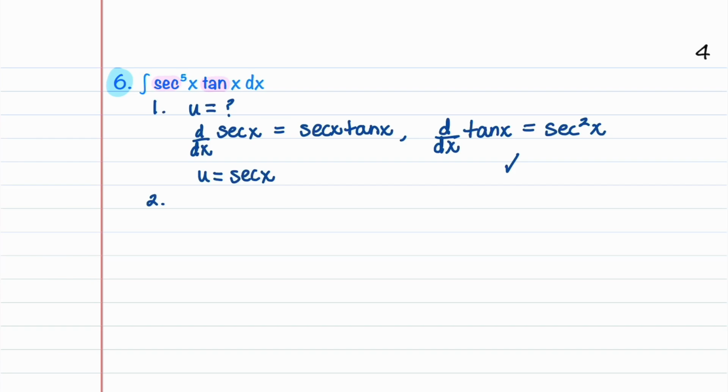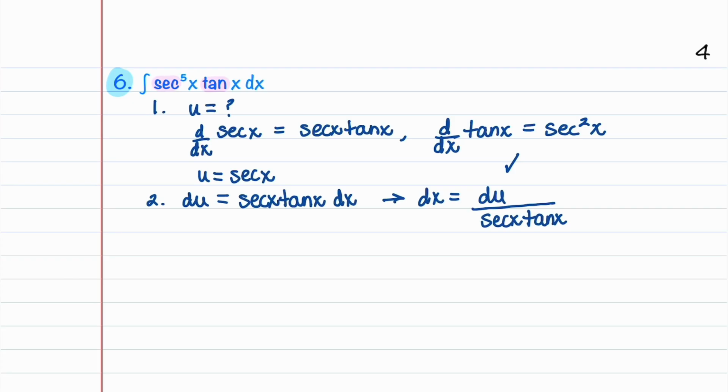For step 2, we are going to find du. Du is equal to the derivative of secant, which is secant x tangent x, dx. Now we can solve for dx, and we get du all divided by secant x tangent x.